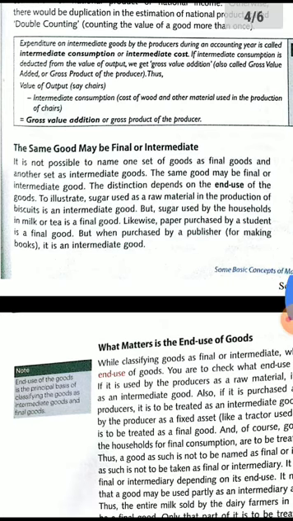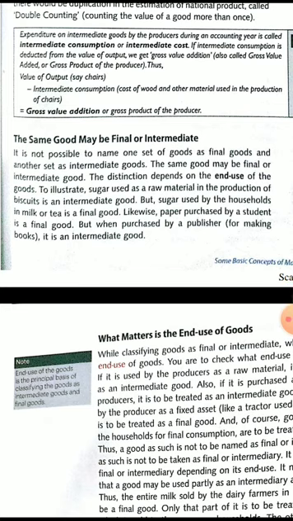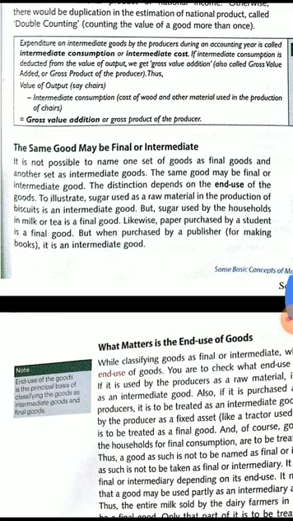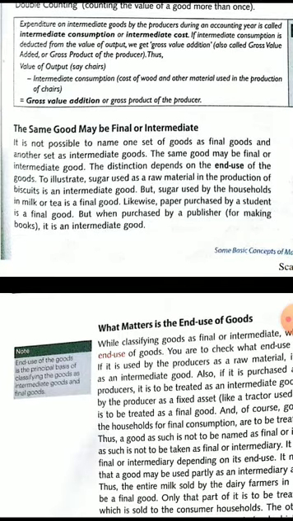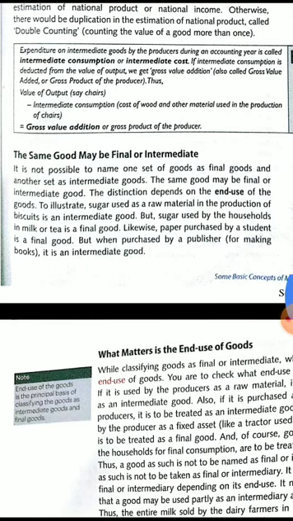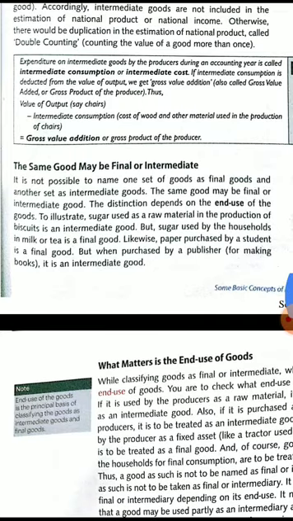If anyone purchases a good for his final consumption, like we purchase a pen, milk, or bread, we all purchase them for satisfying our final wants. But if a producer purchases, like Maruti Suzuki, which produces cars in its factory, Maruti Suzuki doesn't know how to make the battery of the car.